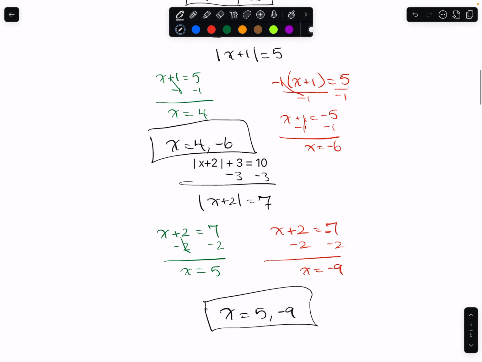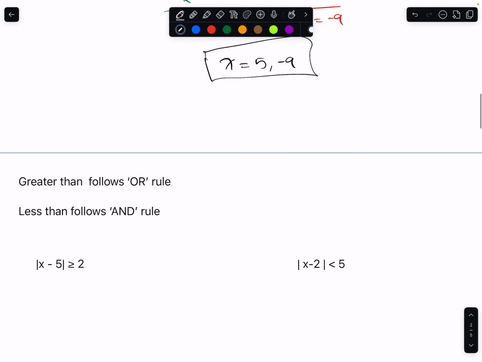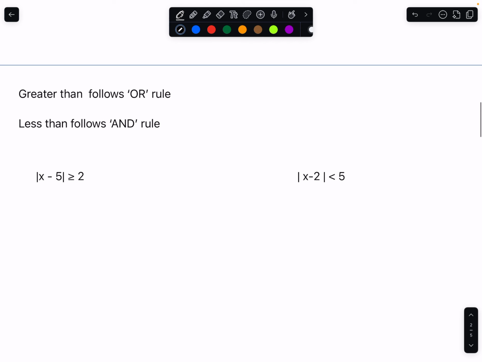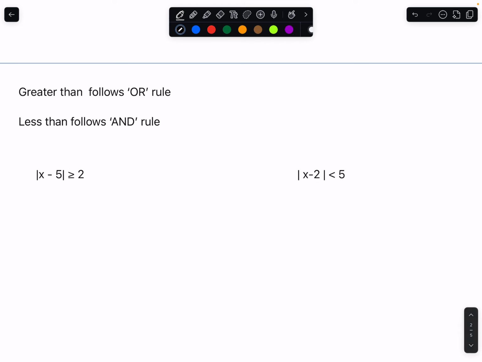And now we're going to be moving on towards our inequality versions. Now, I wrote a rule so that we can not lose track of what's going on. And this rule is important because when we're watching our previous video focused on inequalities, we learned that inequalities come in two sets. They come in the OR stage and they come in the AND stage.